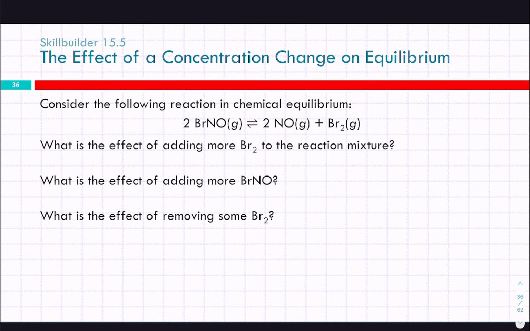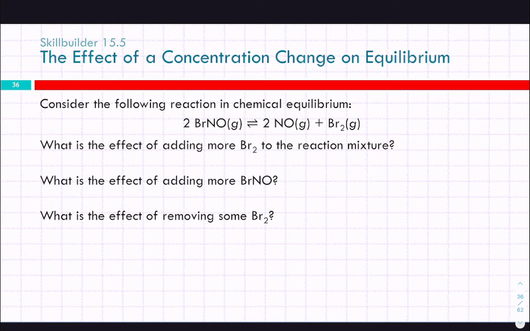For this following reaction in a chemical equilibrium, what happens if we add more bromine, Br2? Are we adding more product or more reactant? We're adding more of the product. So which way does the reaction shift?